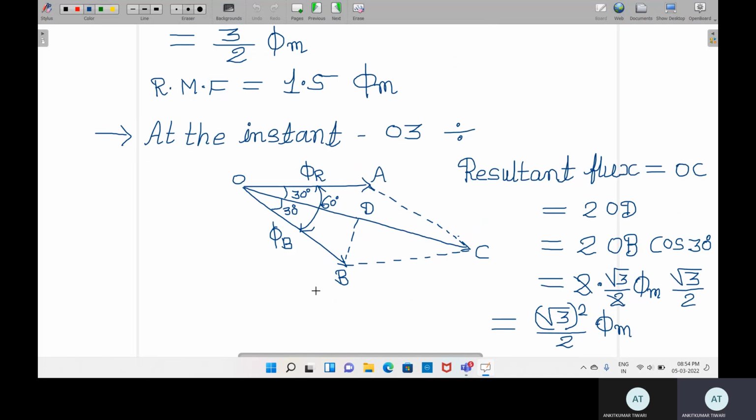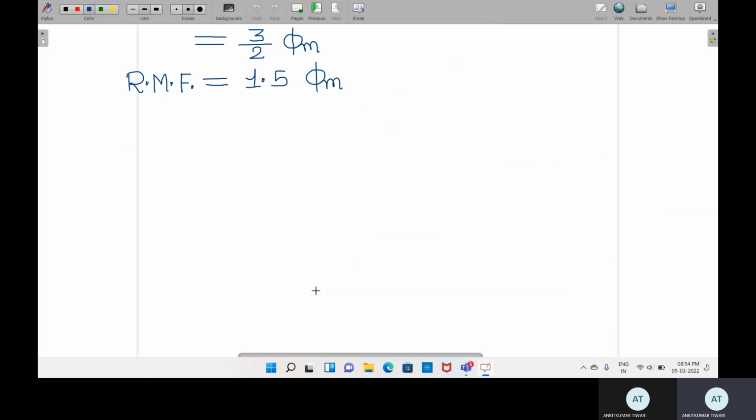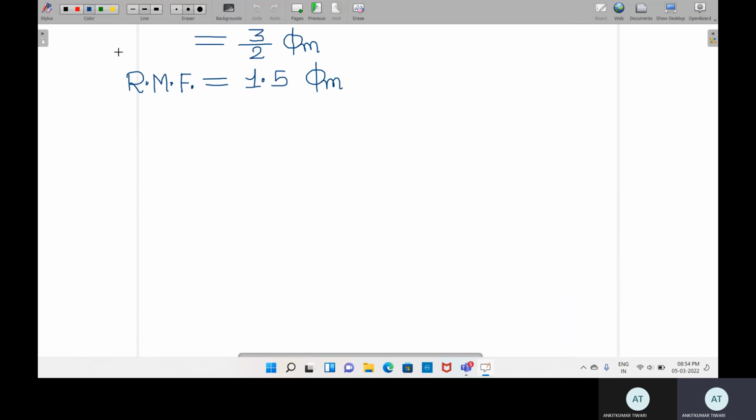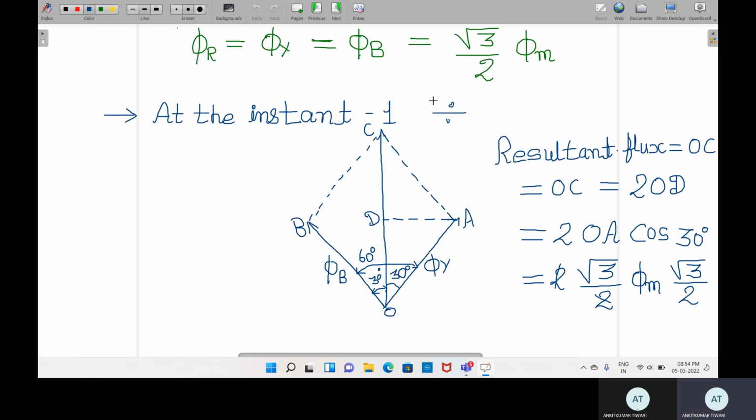So here we have considered three steps or three instants. Let us see in short the instant 4. At the instant 4, what are the conditions?